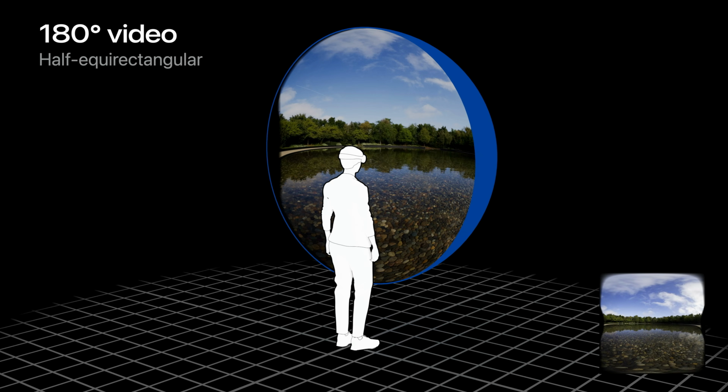This is like how a map of the world is drawn, where the north and south poles are stretched horizontally to show a flat representation of a sphere. 180 video's projection is similar to 360 video, but for half a sphere. This is known as a half equirectangular projection. Half equirectangular videos are square, and map their square video frame onto the half sphere in the same way 360 videos do for a full sphere.